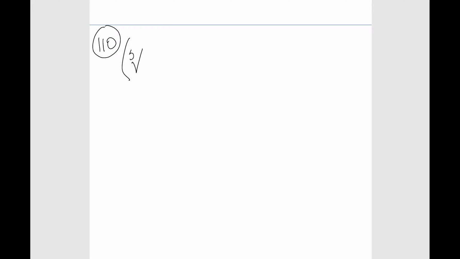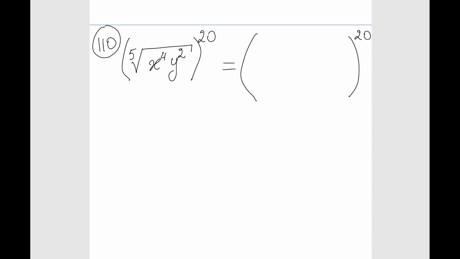It's the fifth root of x to the power 4, y to the power 2, and the whole thing is raised to the power 20. Okay. Well, let's keep the power 20 outside.